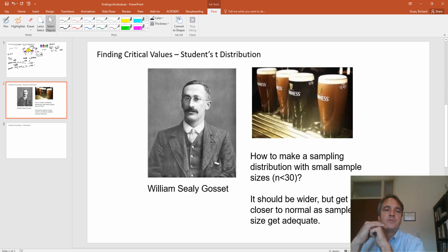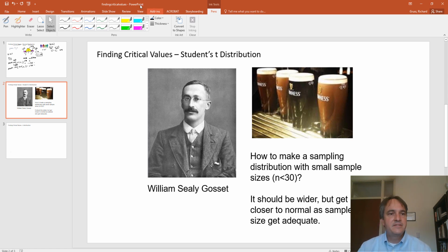There's another distribution that we can use, and this one was invented by kind of an interesting guy who used to work for the Guinness Brewery. It wasn't possible for him to get sample sizes that were sufficient to do certain quality tests. So he wanted to figure out, how can I find these critical values? How can I construct confidence intervals based on smaller samples? How can I adjust the normal distribution according to how small my sample is?